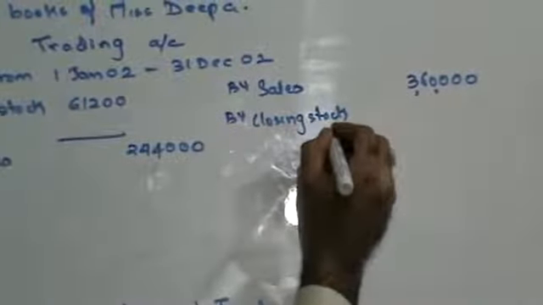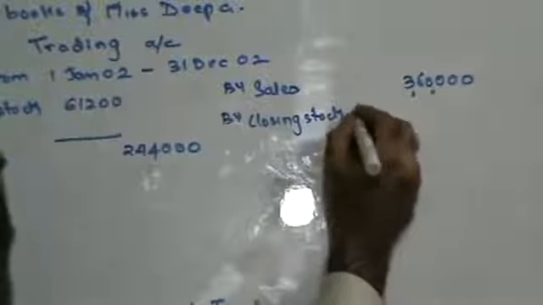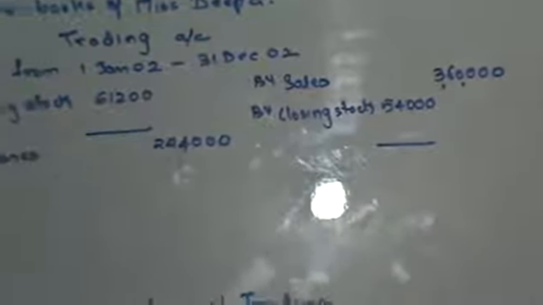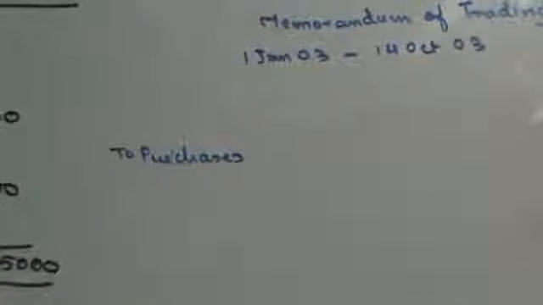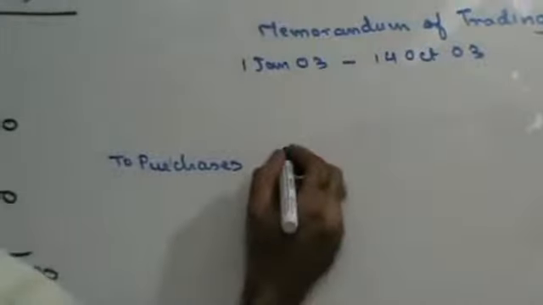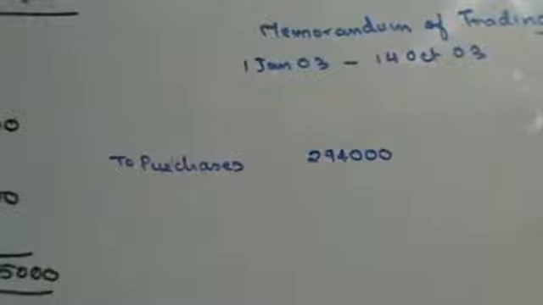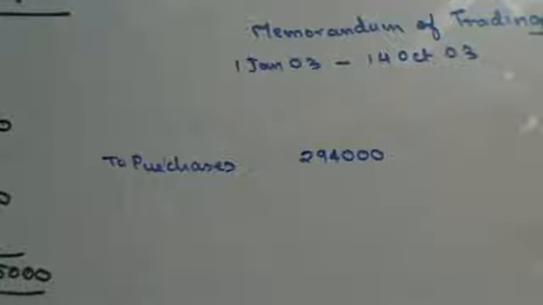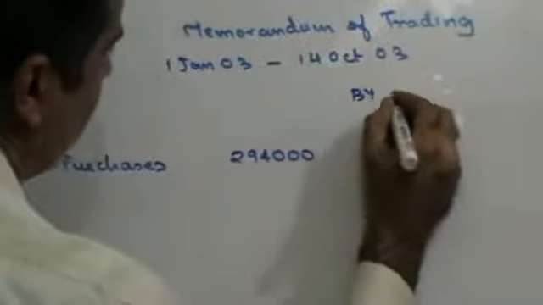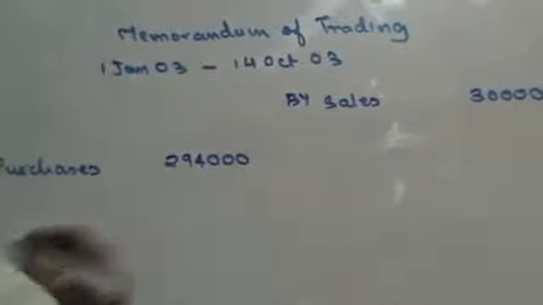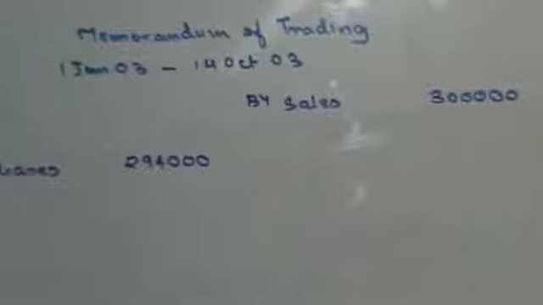Closing stock of previous year is given to you as 54,000. Next, purchases of current year is given to you as 2,94,000. Next, sales of current year is given to you as 3 lakhs.